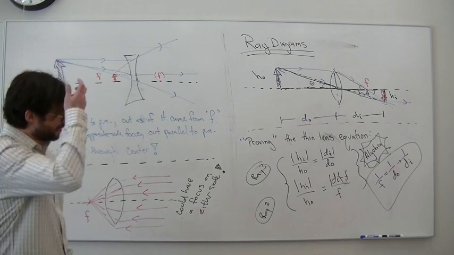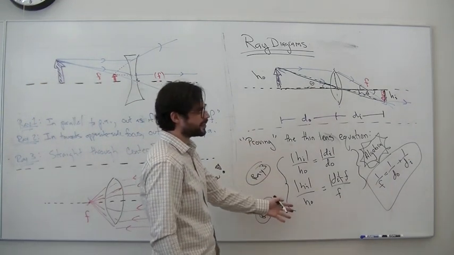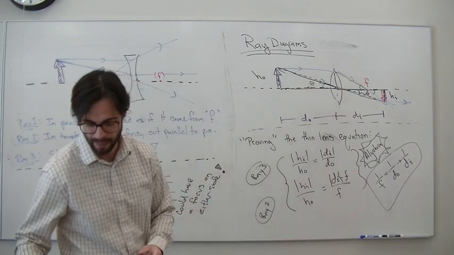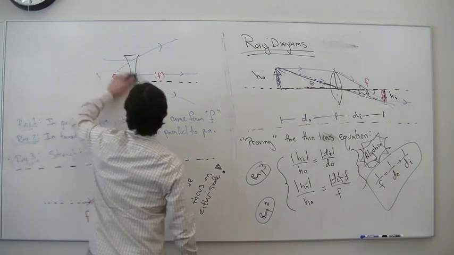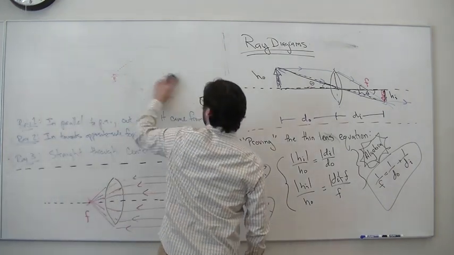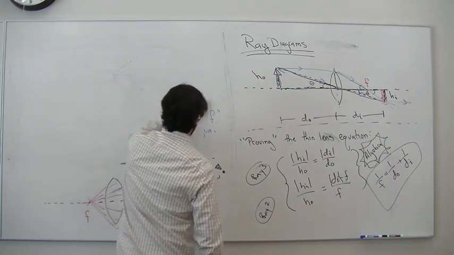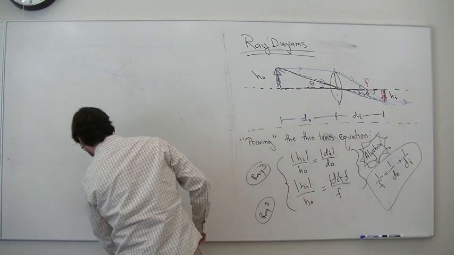The thing that was sleight of hand is that at some point I dropped the absolute value signs, and the absolute value signs need to be replaced with sign signs manually, so we'll do that. And this is going to be true for all mirrors. And I have a mnemonic.